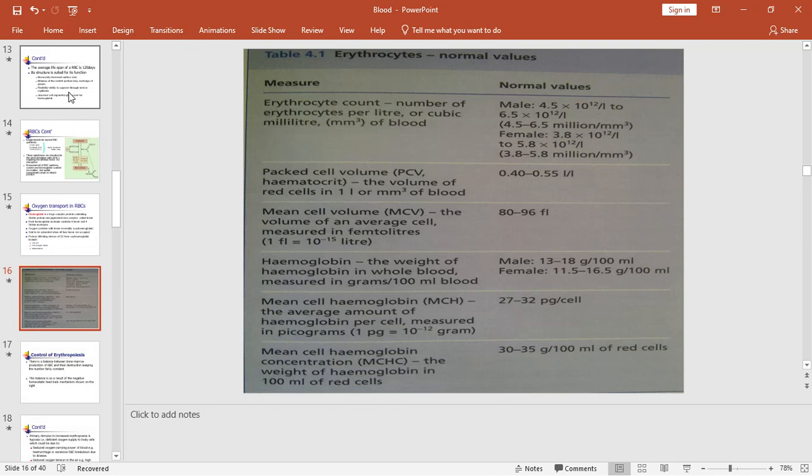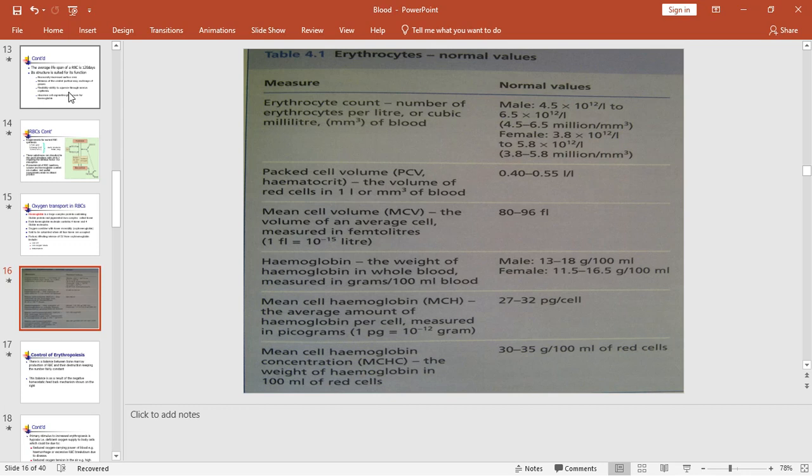Obviously, from a clinical standpoint, on slide 16, knowing the level of hemoglobin in a patient is very important, and it's something that we will see on the full blood count. If you look at this picture, I'm trying to show you some of the parameters that we look at, that give us a picture of whether somebody has adequate hemoglobin or not.